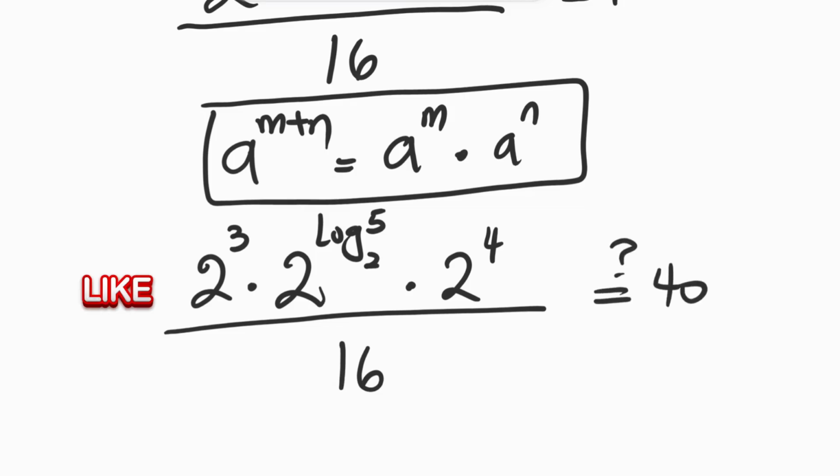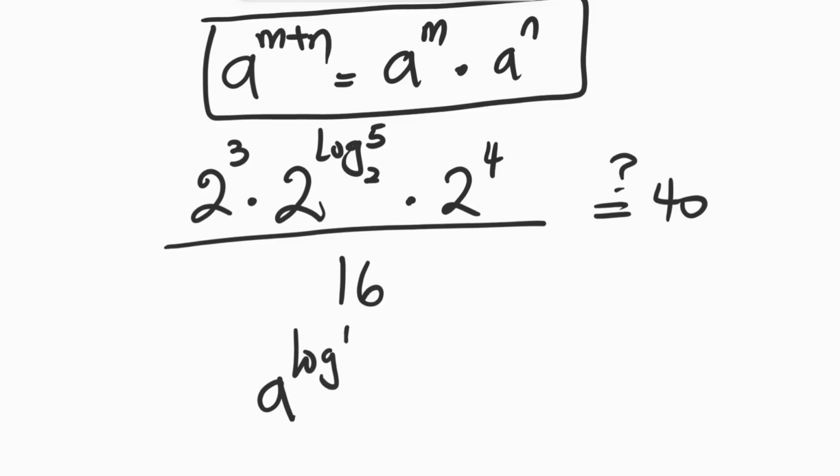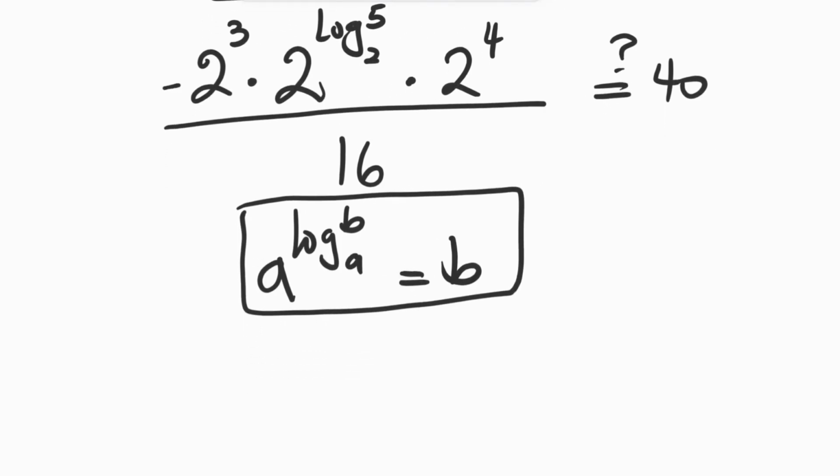Let's see if that's going to be equal to 40. Our log rule states that when we have a raised to power the log of b base a, that is equal to b.